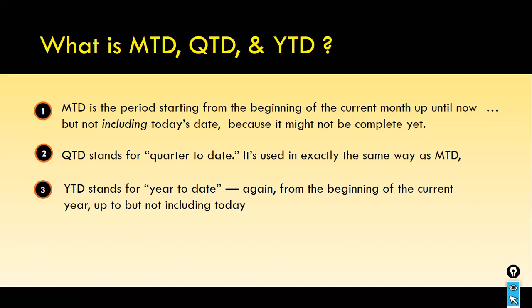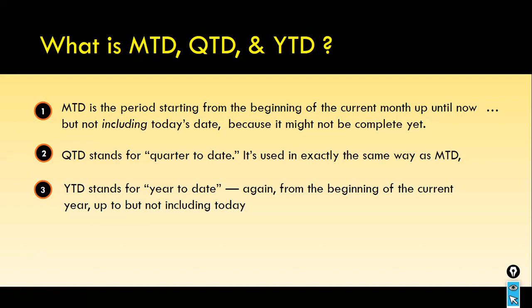If they want to see the quarter to date sales, that means starting from the beginning of this quarter, Jan 1st, till March 15th or so. So starting from the first quarter's first day to one day before the current date.